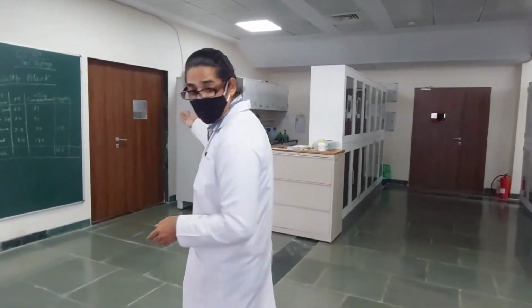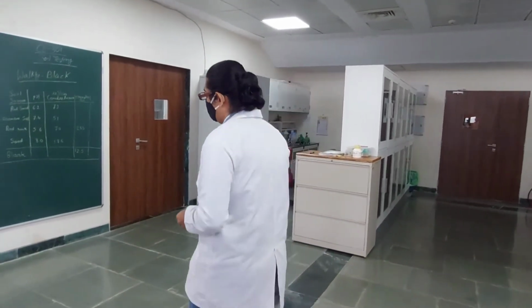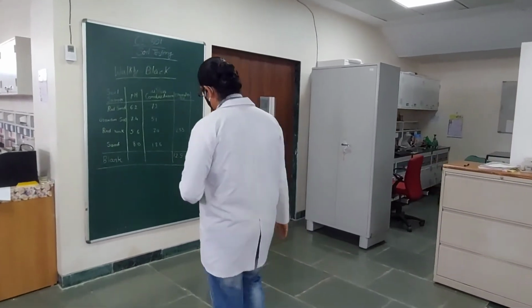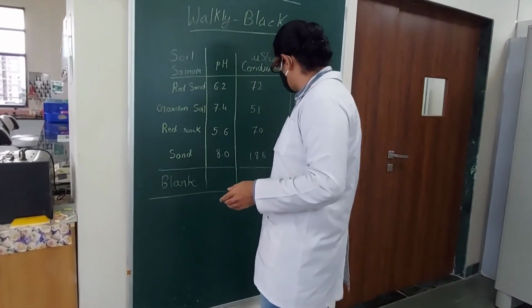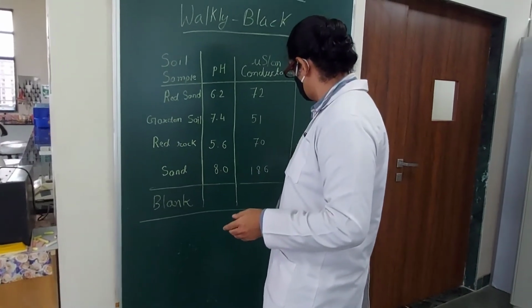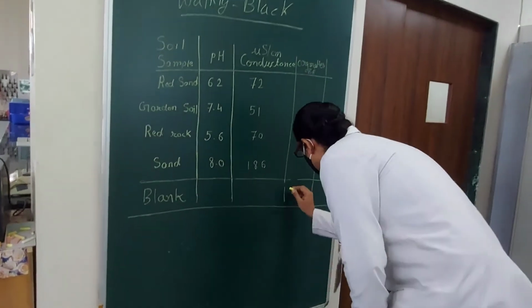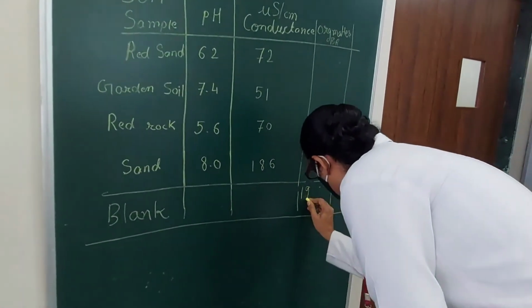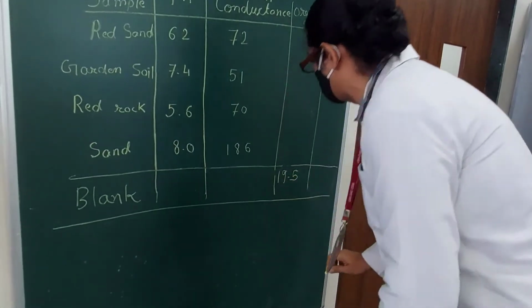Now, can you write over there the organic matter for the blank? What were the values written there? For blank, 19.1. Because it's a lengthy procedure, we had already done all these samples for you.